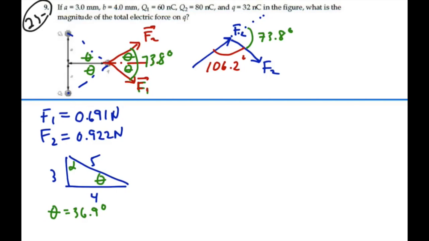My point is that we can find the resultant vector of these two added together, which is this vector here, by using the law of cosines.